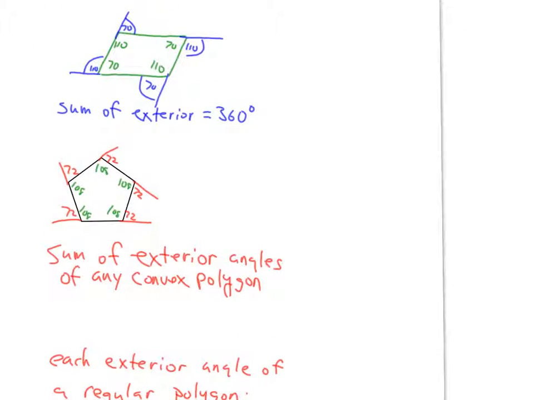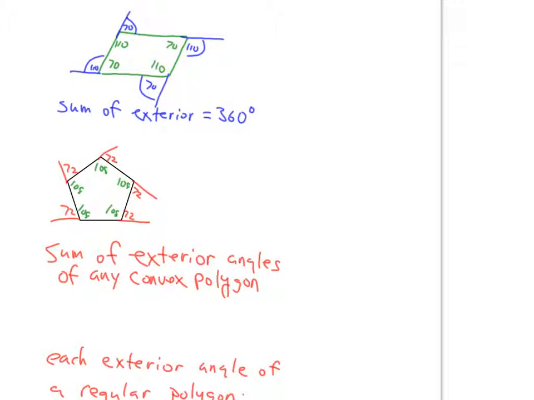I've drawn up a little pentagon here, and I used a regular one. It doesn't have to be regular, but just so I can display what the sum of the exterior is, notice that each of the exterior angles is 72. If each interior is 108, 72 times 5 is still 360 degrees.